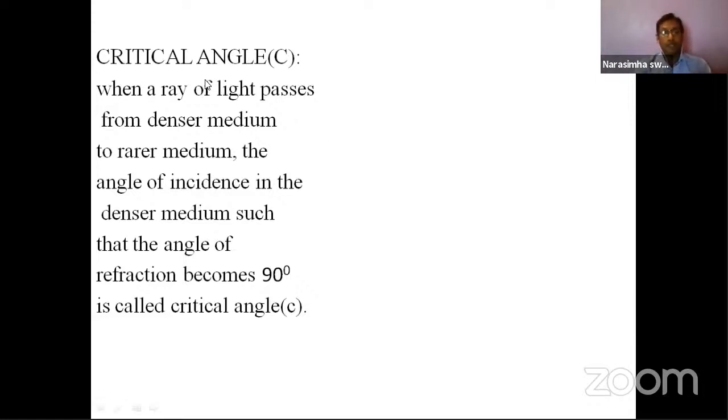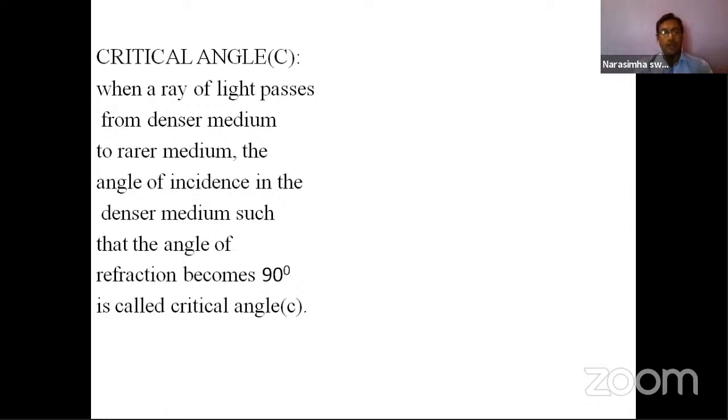Now we have started discussing light from the denser medium to the rarer medium, and the angle of incidence, meaning at what angle we are making the ray incident on the surface. Actually it is not a surface, it is called the interface, because the denser medium and rarer medium are in contact.